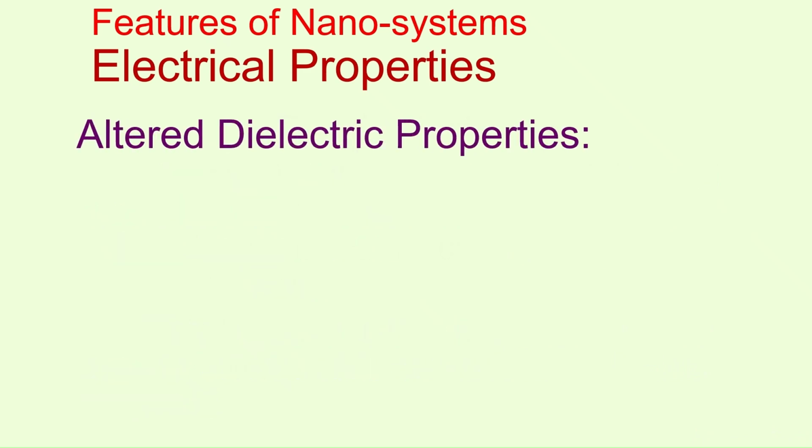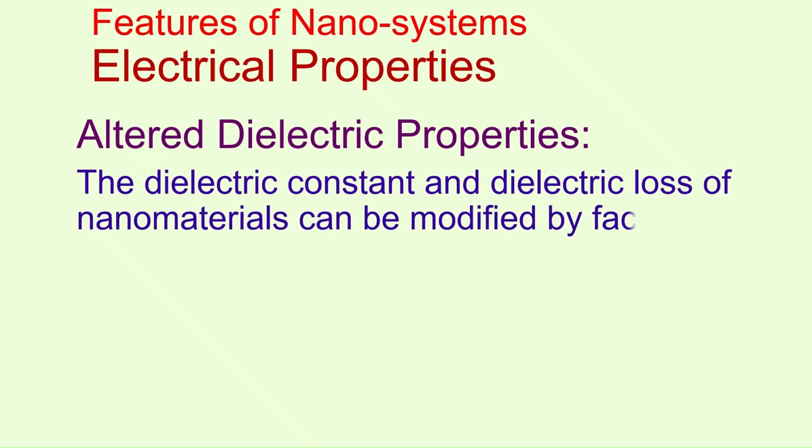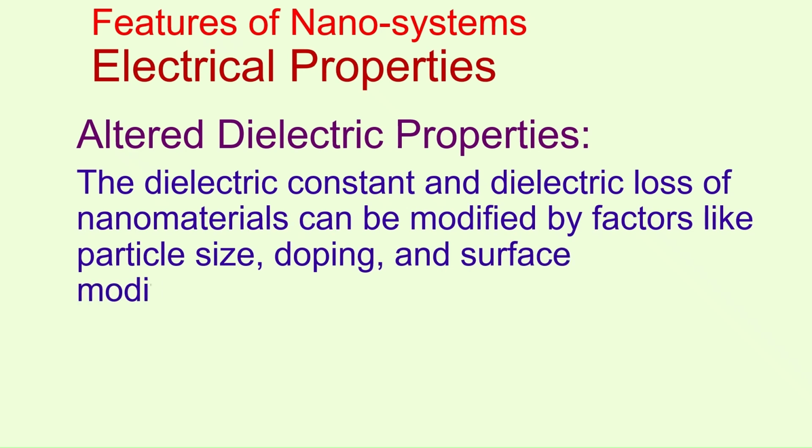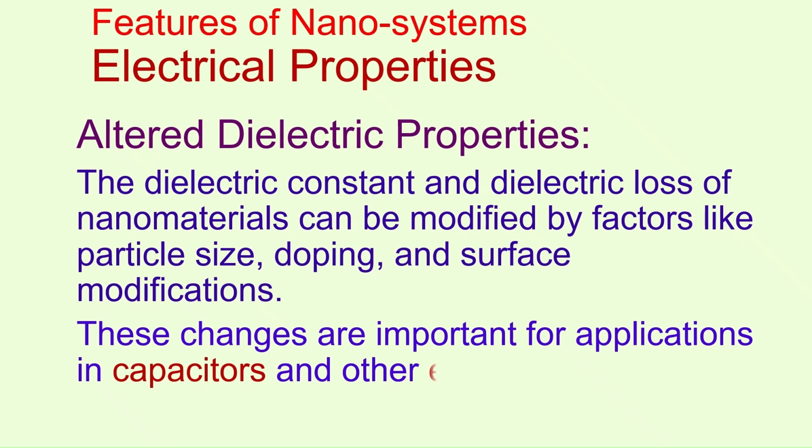Altered dielectric properties. The dielectric constant and dielectric loss of nanomaterials can be modified by factors like particle size, doping, and surface modifications. These changes are important for applications in capacitors and other electronic devices.